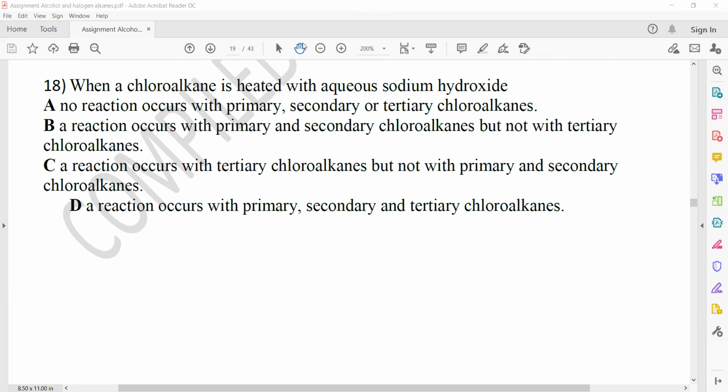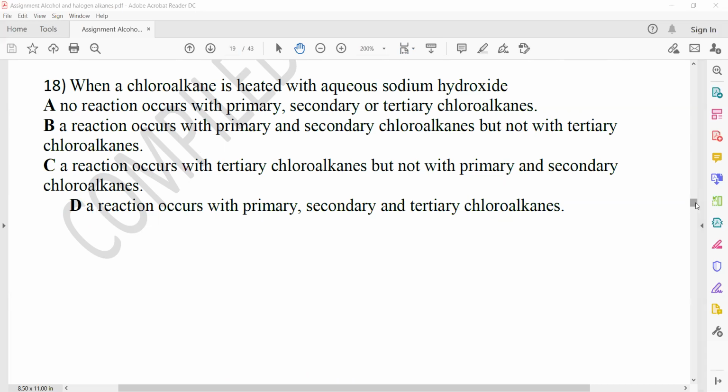Halogenoalkane, primary, secondary and tertiary all will react. That's why D is the right answer.